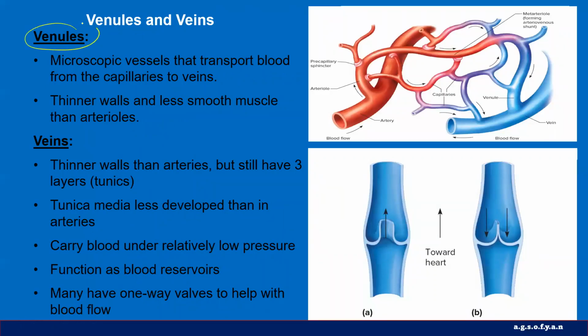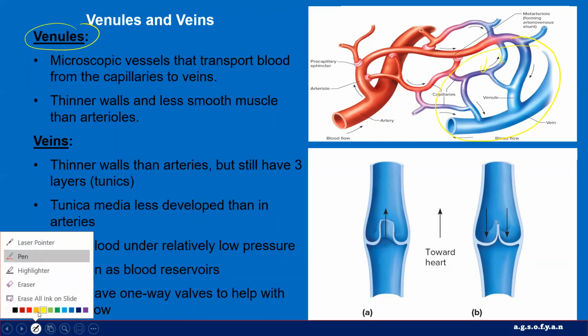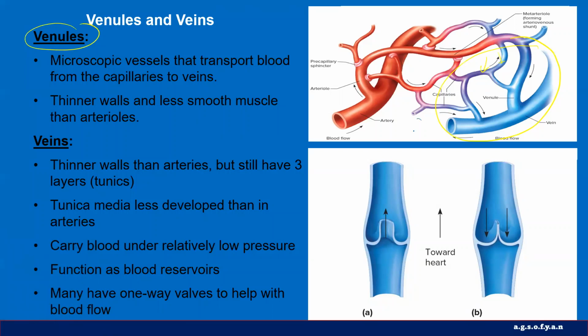Now this is the venule side. It's going to be the blue side over here. This is mostly reabsorption happening, and the waste products will also be moved from the cell. Let's say we have a cell over here, going to the venule side.